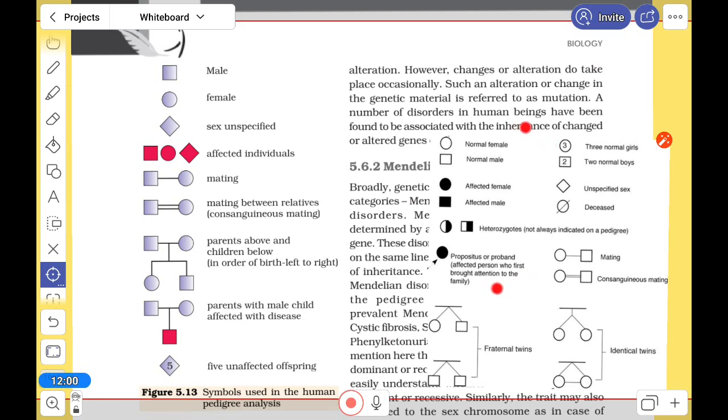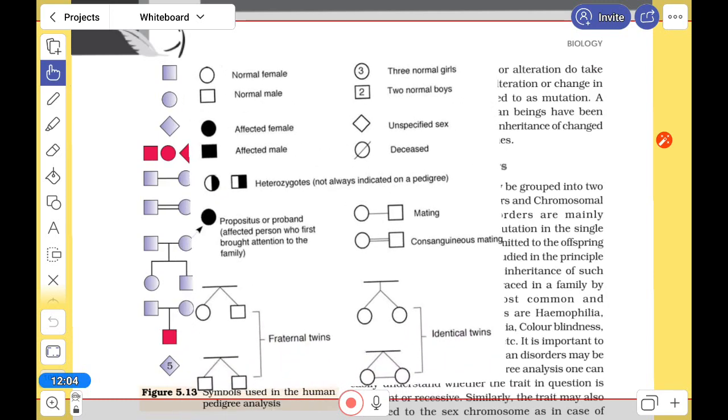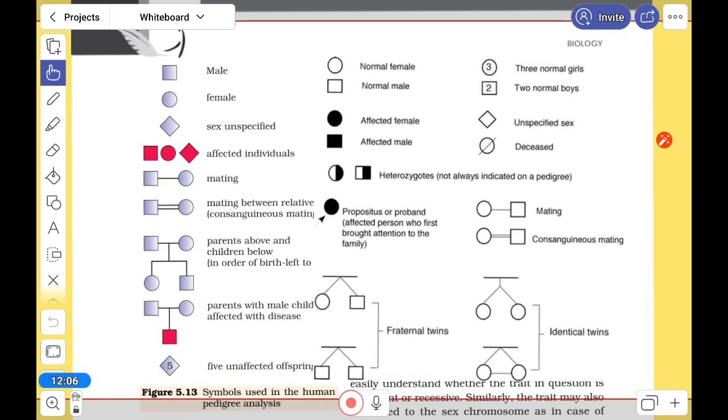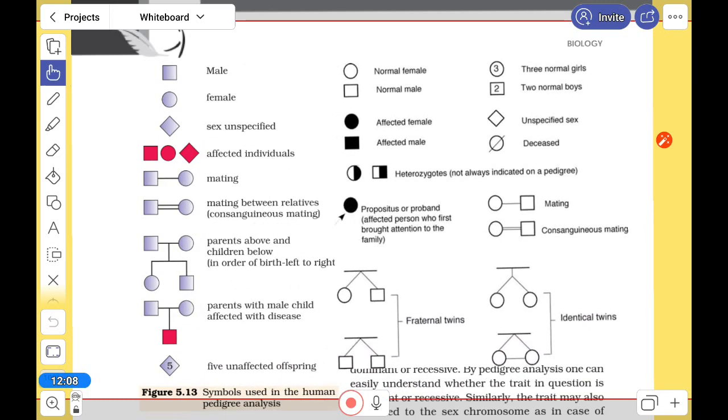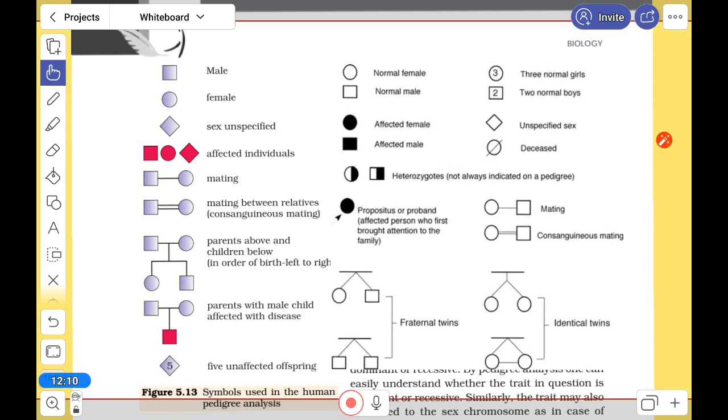For that we can take this one to understand side by side. Look here, this is the normal female, normal male. Female is round and male is square, and here is affected, some genetic disease is there.